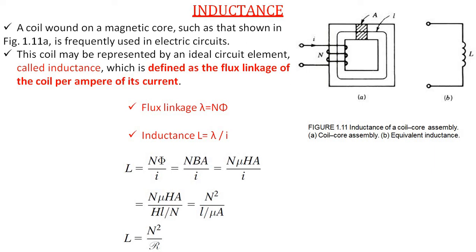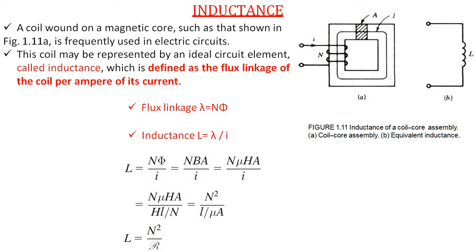That means the self-inductance, the flux linkage per ampere, L is equal to lambda divided by I. So flux linkage is equal to N into phi. Then the inductance L is equal to lambda divided by I. Here L is equal to N phi divided by I.